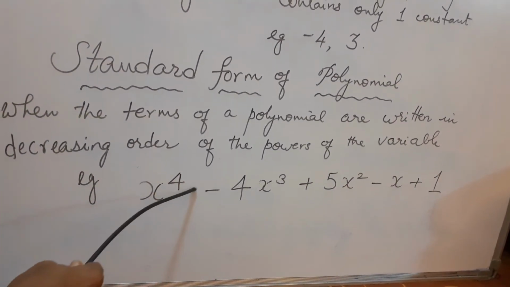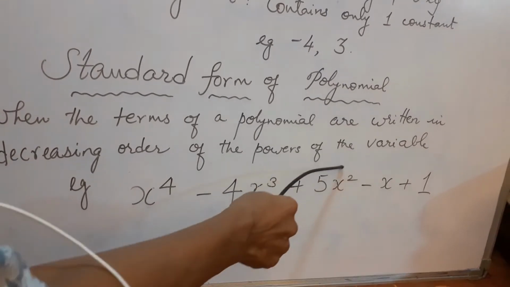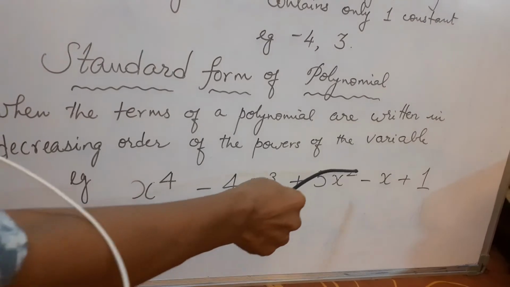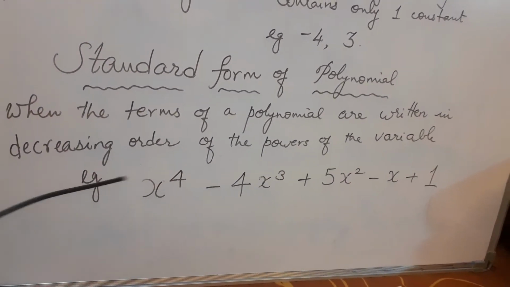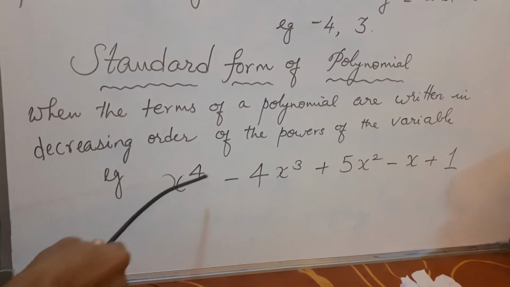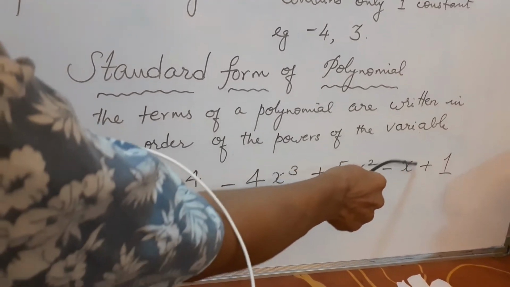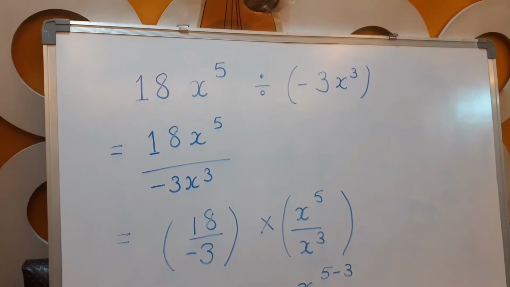So as we see, the degree keeps on decreasing as we go ahead. 4, 3, 2 and 1. Okay. So hence this particular polynomial is in the standard form because the exponents are in the decreasing order of sequence. Okay. We'll now start solving some problems.